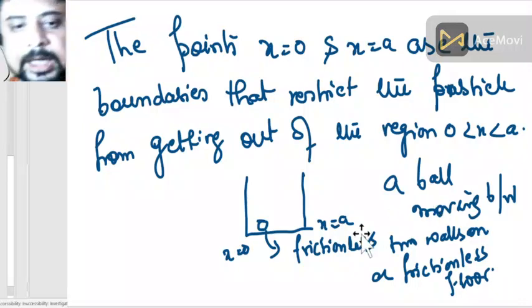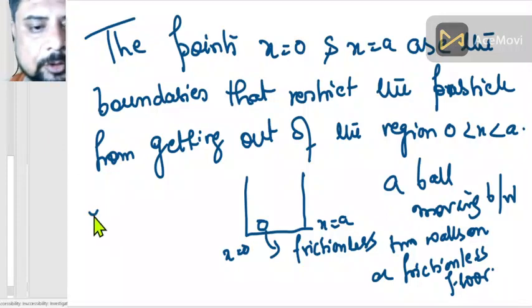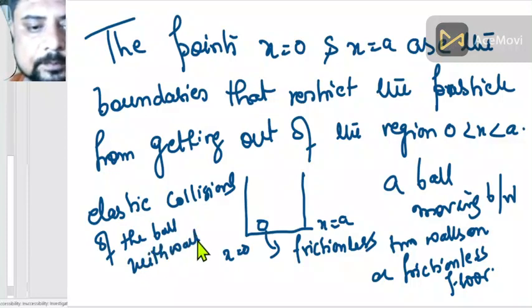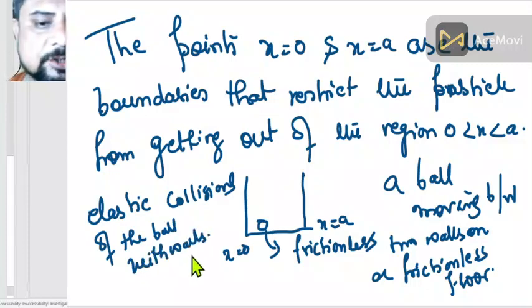So classically, what will happen if the floor is frictionless and the ball is moving? There is no friction force, and we assume elastic collisions of the ball with walls.